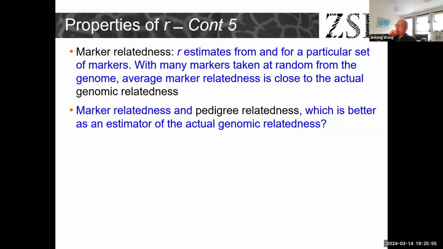But if these markers are taken at random from the whole genome, and there are many of them, an average across these markers would give us a close estimation of the genomic relatedness. So this brings us to the question: both markers and the pedigree give an estimate of the genomic relatedness, so which is better, markers or pedigrees?